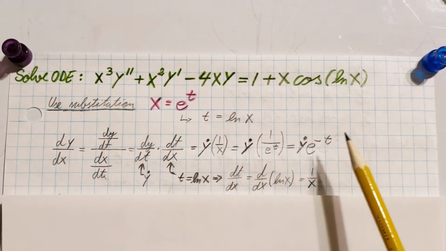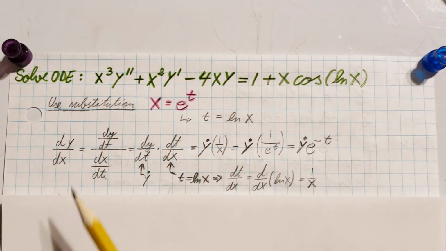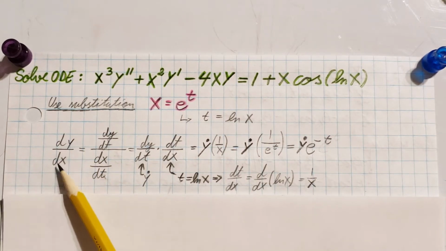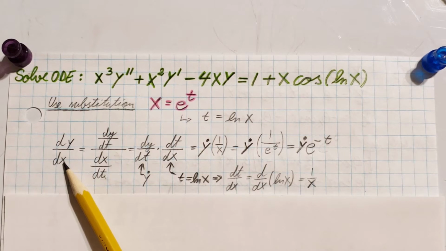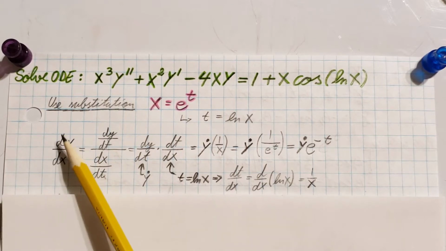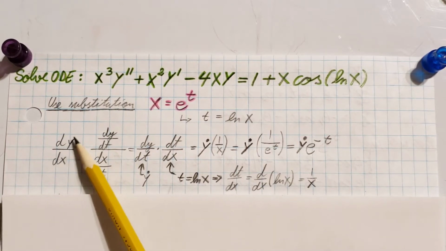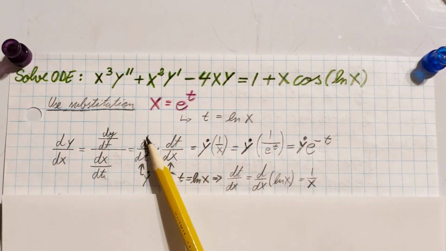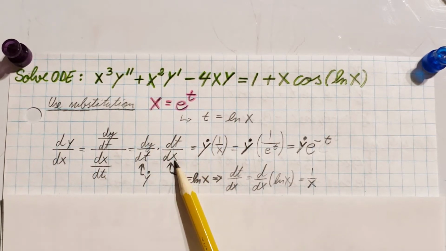We have to substitute all our x's out. So let's start with the derivative of y with respect to x, but we're going to change it to dy over dt over dx over dt. Just basically divide the top and the bottom by dt. That's going to give you this, dy/dt times dt/dx.